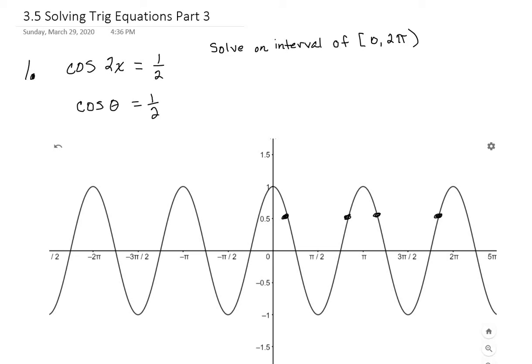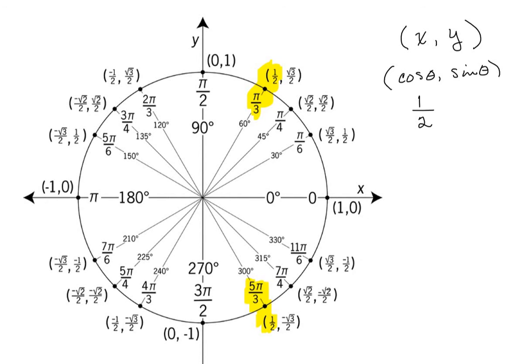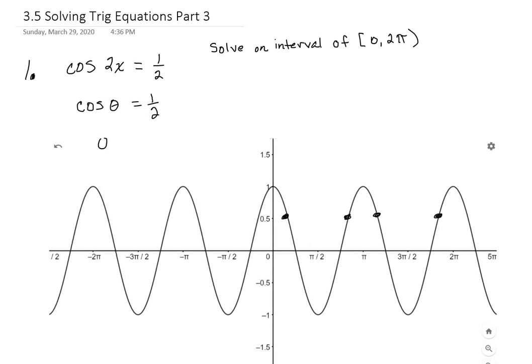So if I go to my unit circle, here I have listed the cosine of theta is 1/2. And I know that that is going to be associated with an angle of pi over 3 and 5 pi over 3. So theta is going to equal pi over 3 or 5 pi over 3.